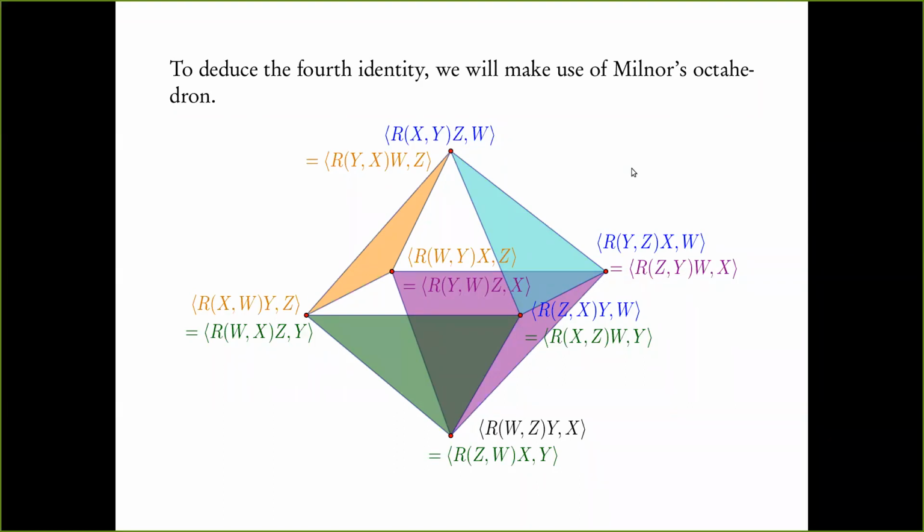Okay, so the color coding is as follows: every triangle has a particular color, and the vertices of that triangle are labeled by a deeper shade of that color. For example, the green triangle has 3 vertices, and each has, of course, 2 different labelings, but we'll choose the green labeling. For the green triangle, the lowermost vertex is R of ZW, X dotted with Y, and same with the other 2.